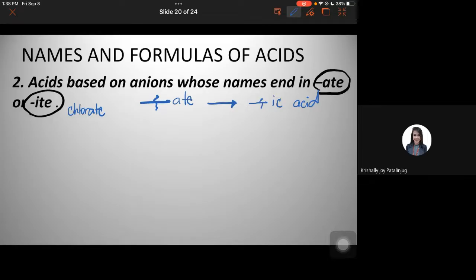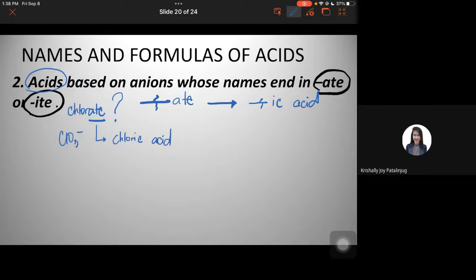So for example, chlorate. Chlorate is ClO3 negative. If the question is, what's the name of the acid we can derive from the chlorate ion? The answer would be chloric acid. You just have to change the ate ending to ic acid.